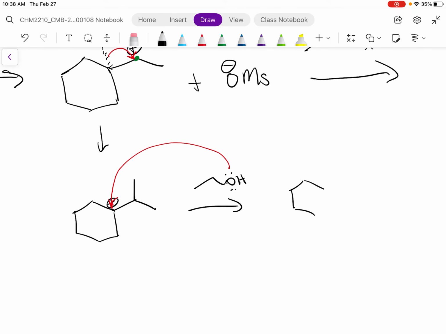When that attacks on the front face, we would have something like that. Let's move that over there. It has to be positively charged.